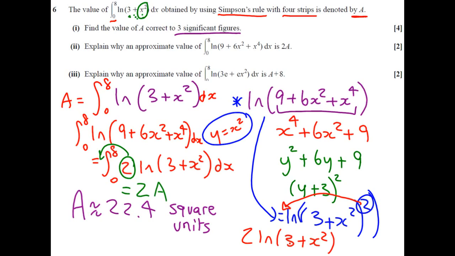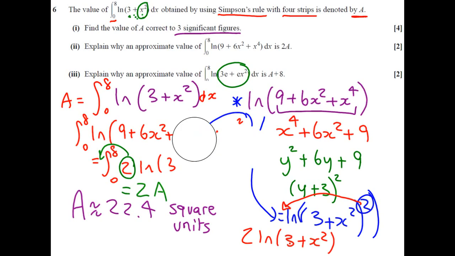So that's shown it. We've got part 3, which is explain why an approximate value of this integral is a plus 8. So let's have a think about that one then. Let me just clear off the work we've just done.